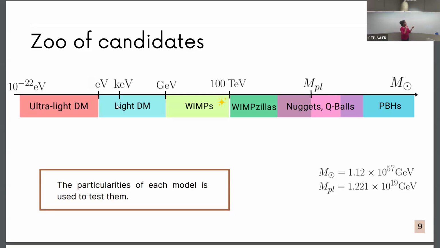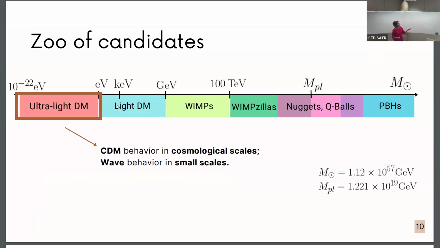So to test these models, we look at their particularities. As I discussed before, all of them have cold dark matter behavior on cosmological scales, but to test them, you look at their particularities, the phenomenology that distinguishes them. In the case of ultralight dark matter, the behavior that we have to look for is that on big cosmological scales, it behaves as cold dark matter, but on small scales, it presents a wave behavior.